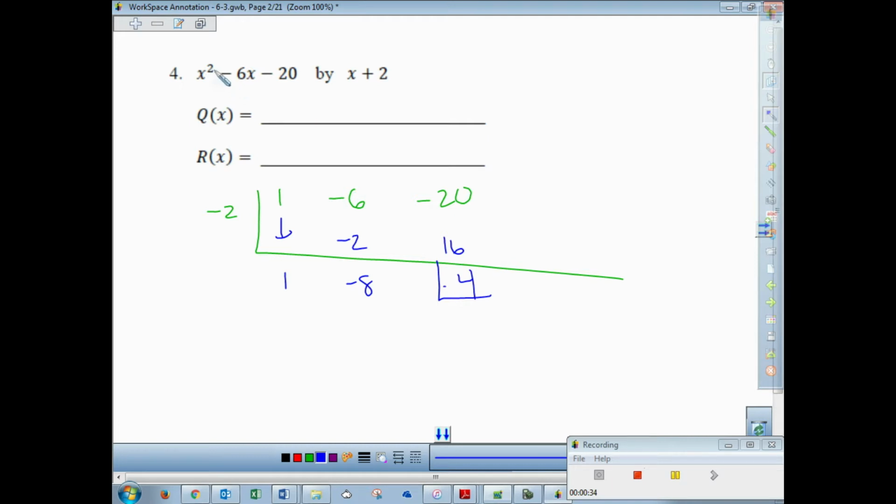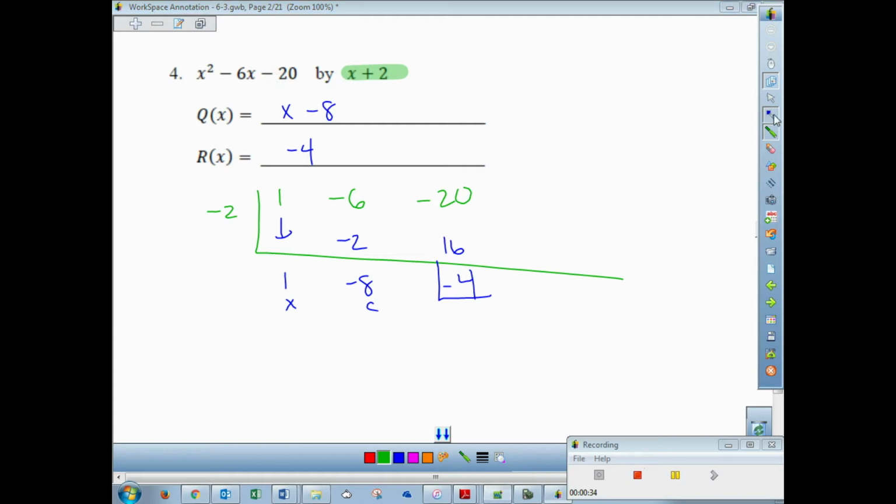Since this was a second degree, then this guy's got to be a first degree. This is 1x minus 8. This is x, and this is your constant term right here. And the remainder was negative 4.